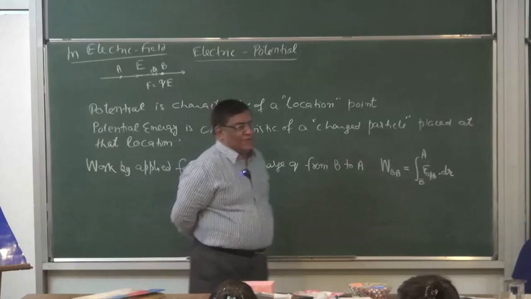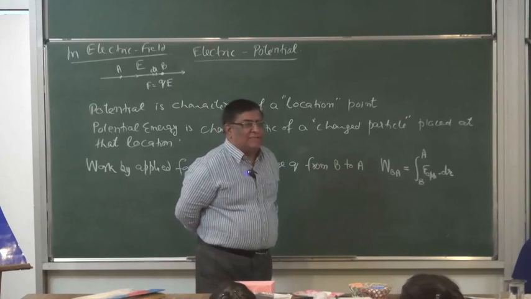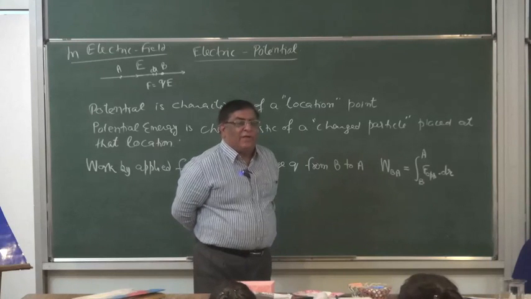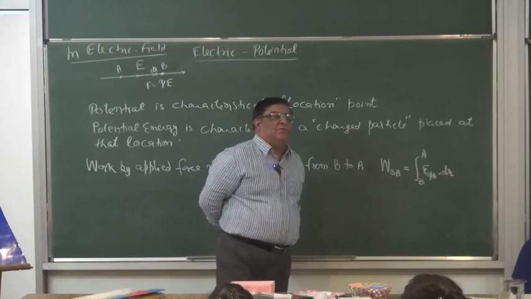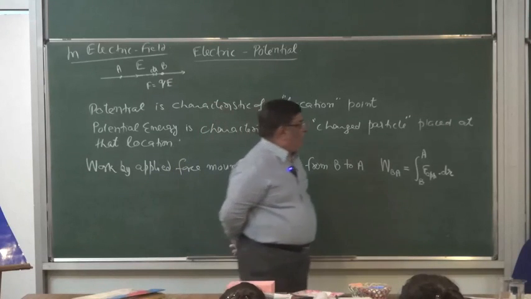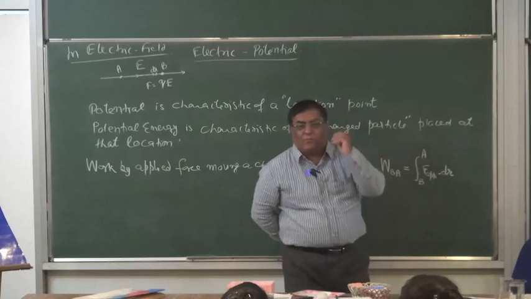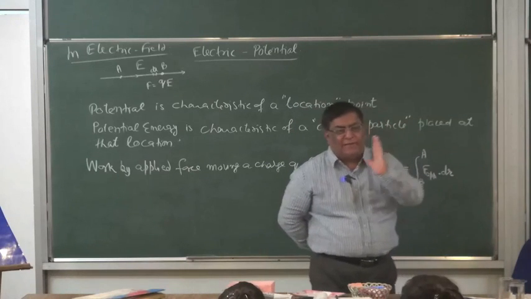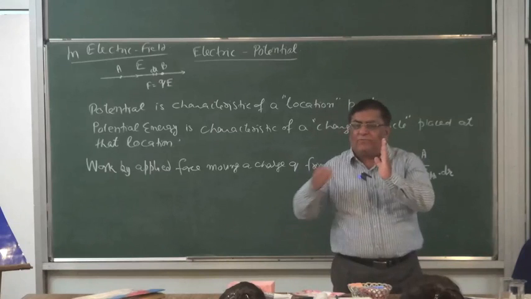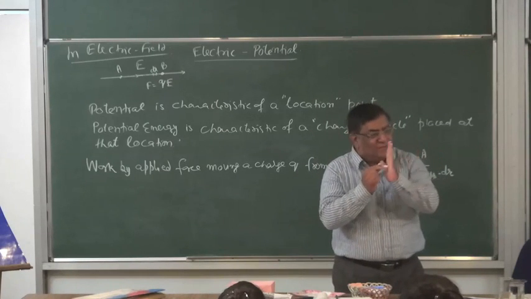Okay, now another thing. Work done is done by an external agency, the applied force. If we convert it into work done by the electric field, how much is this force applied by me? Whatever force was being applied by the electric field, I have to apply the same force.